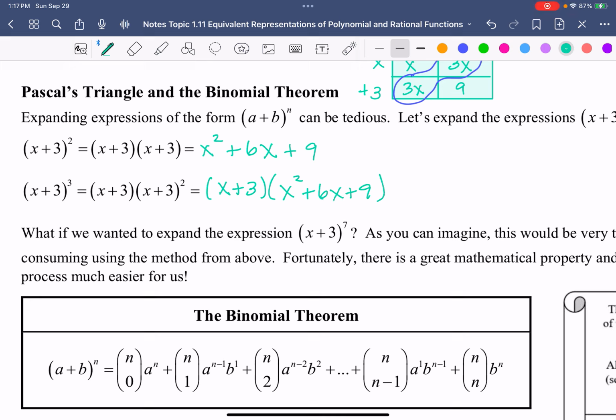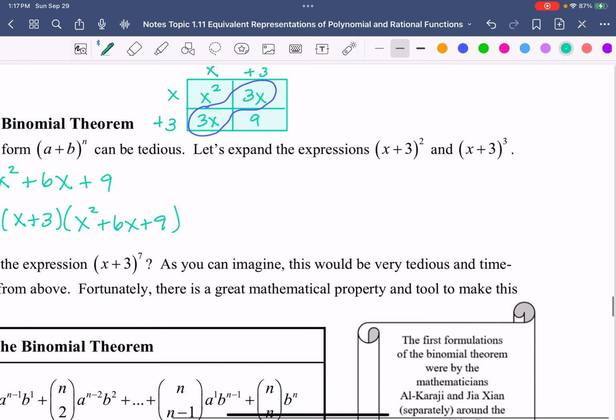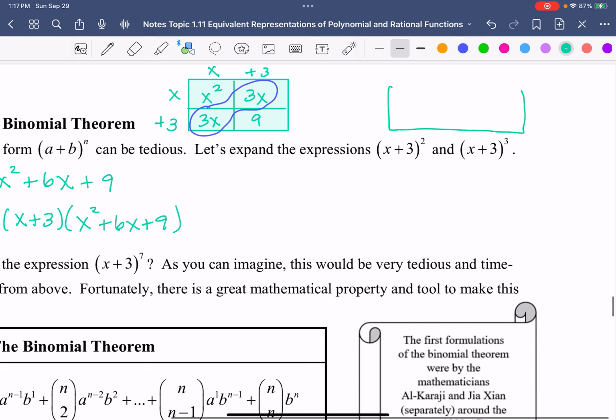So now we're going to do another box method, but this time it's going to be more of a rectangle instead of a square, and you're going to add an extra column, x squared plus 6x plus 9 times x plus 3.